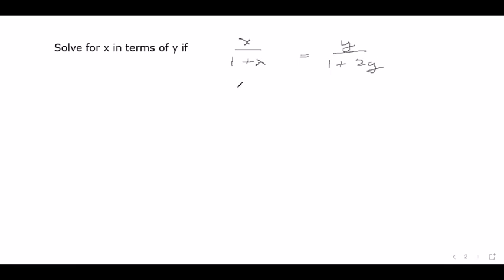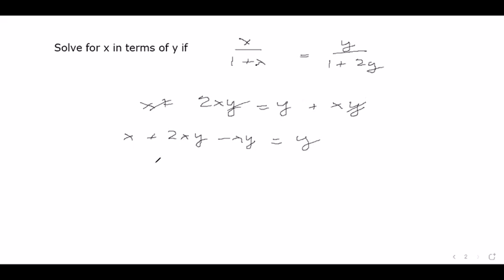Well, this is plain algebra. There's nothing very fancy about this. Cross multiply, you get y plus xy. You're solving for x in terms of y, so you'll bring all the x's to one side, wherever you see x's, and the y remains on the other side.